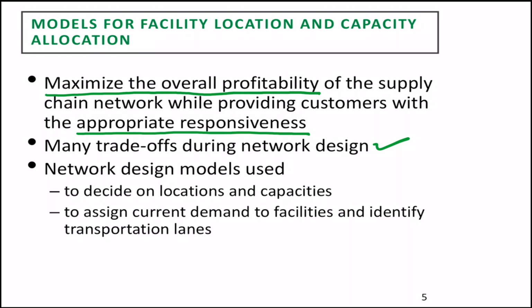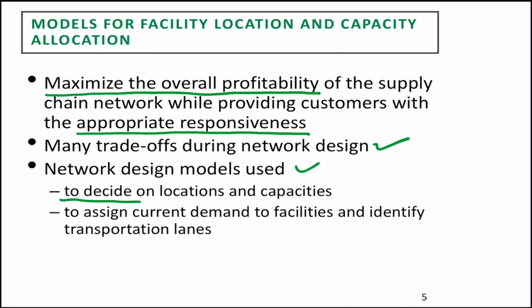So for example, if a business decides to make several facilities, so that will obviously reduce transportation cost and provide good responsiveness, but it will also increase facility and inventory cost. So managers who make these decisions, they use network design models in two situations.